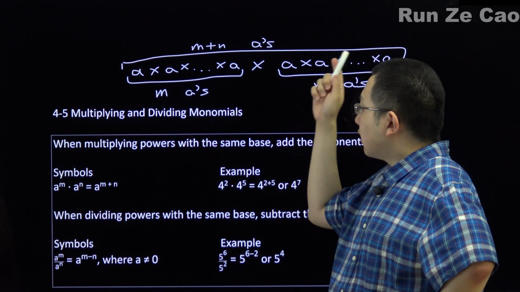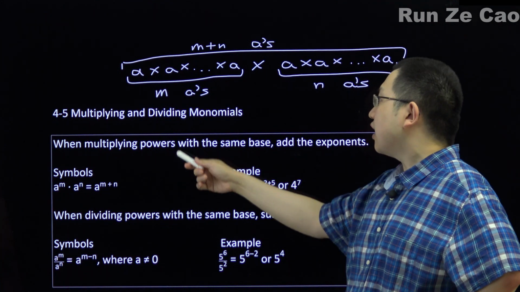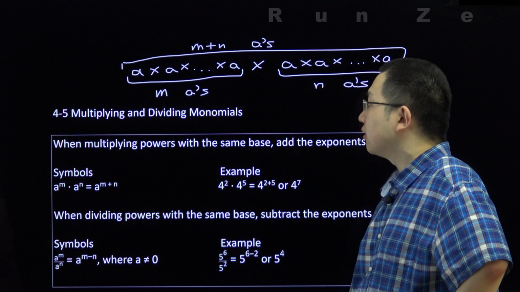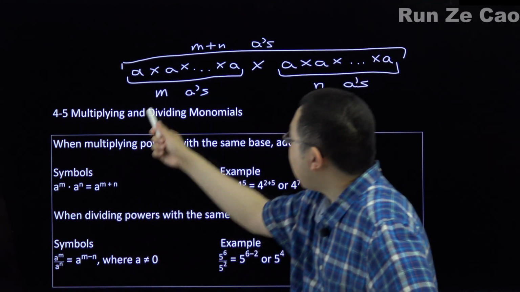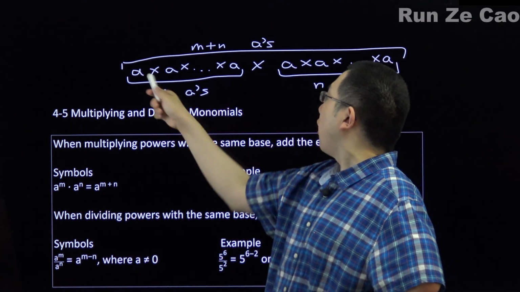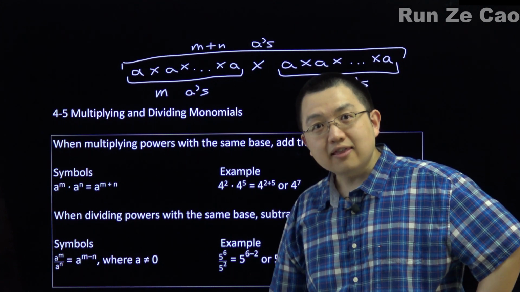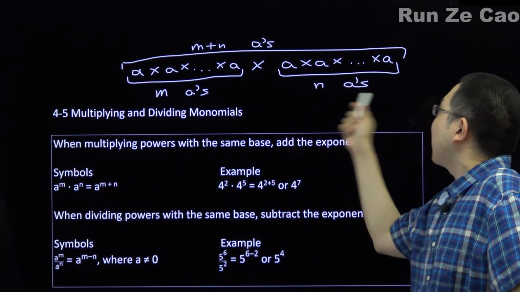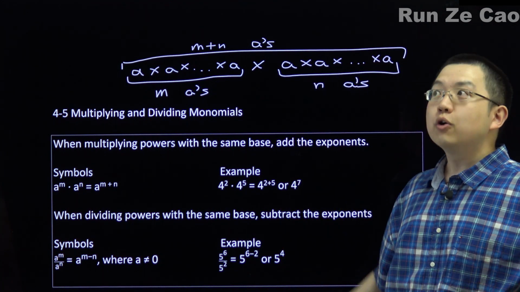What is a power? It's a base multiplied by itself the exponent number of times. So a to the power of m is m a's all multiplied together. And if you multiply by a to the power of n, i.e. n a's all multiplied together, what do you get?